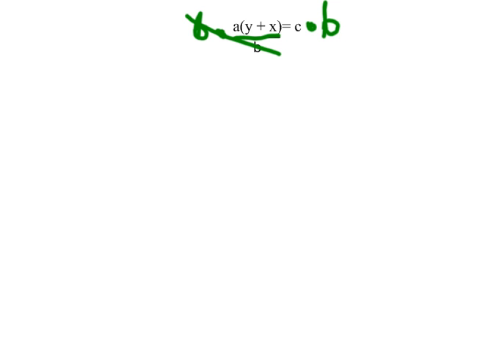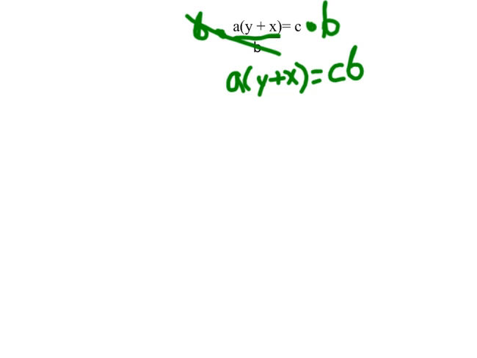So now if I rewrite my equation, I've got a times y plus x equals, and I'm just going to call it cb, because I know I'm multiplying those two. Now I've got to get rid of that a. A couple different ways you could do it. If you distribute, that will help you to simplify, but that's actually going to create one more step for you.